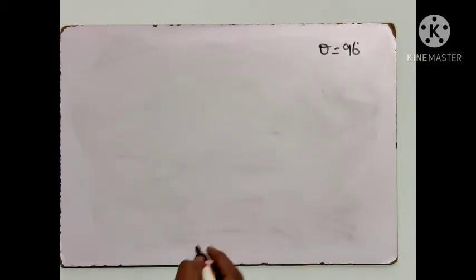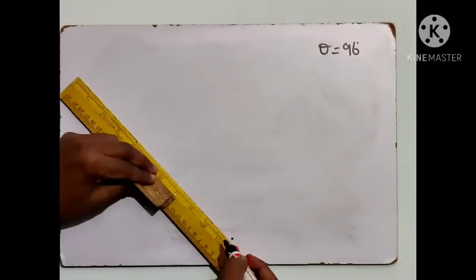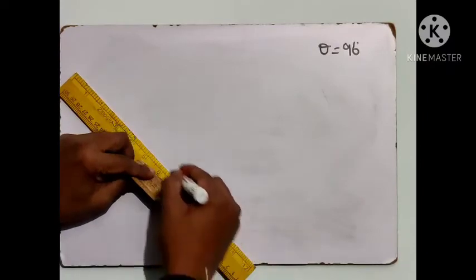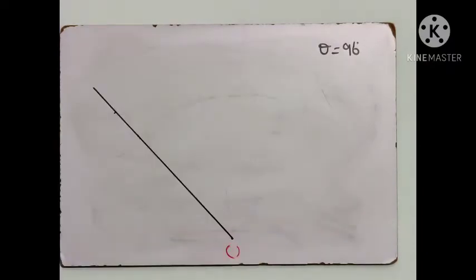Let's see how to solve this problem. You need to choose any point. Let's take this as the point. The name of that particular point is O. From here, arbitrarily you make a line at some inclination, something like this. As I told, this is the center of the bigger circle.